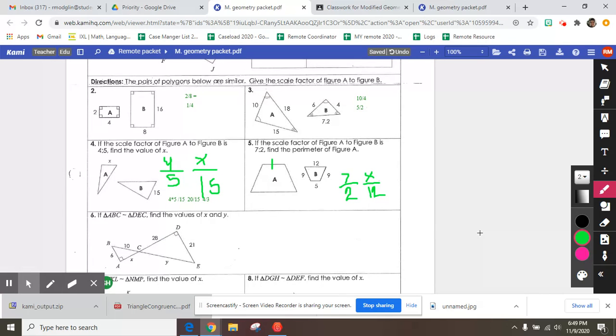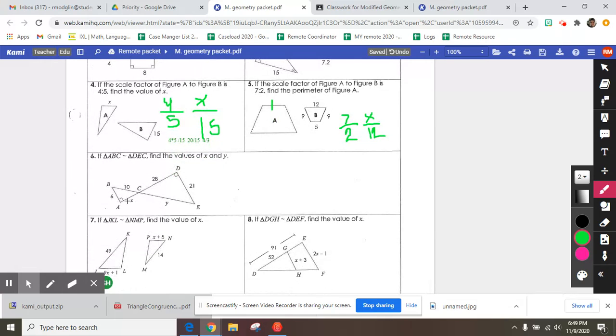Down below for number 6, find the values of x and y. Okay, so you're looking here, we're looking at the similar parts, so we need to find our scale factor. I see that 6 and 21 are on the same side, AB. I look, and DE are in the same position there. So I can take 6 over 21.